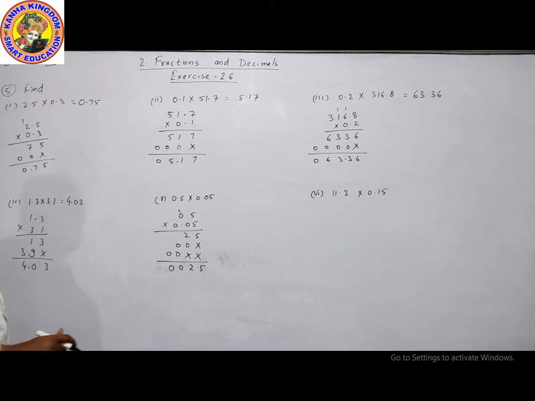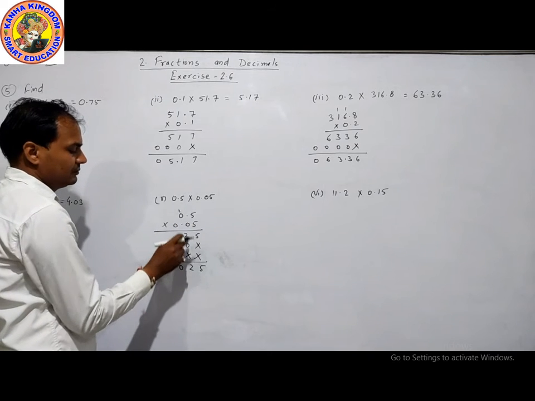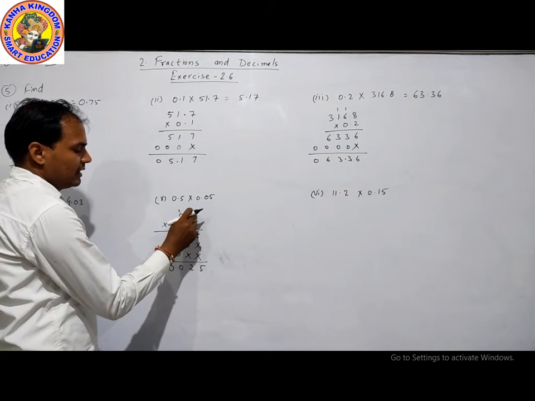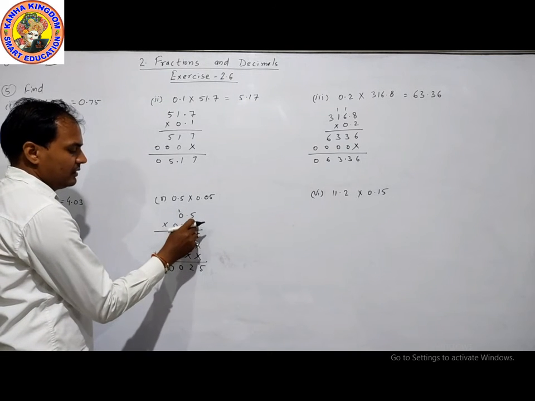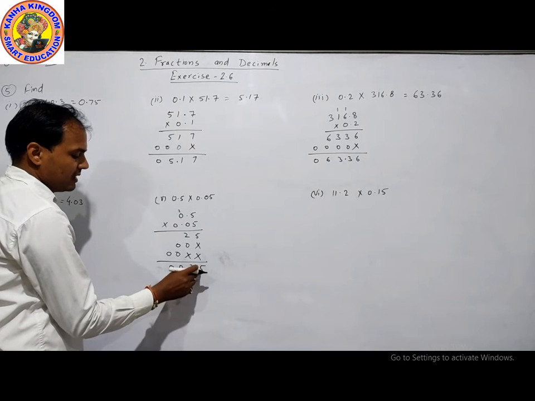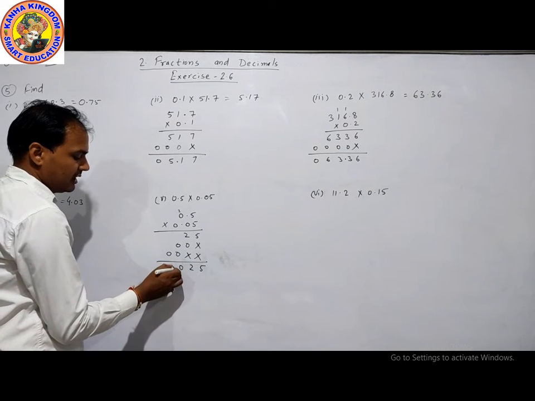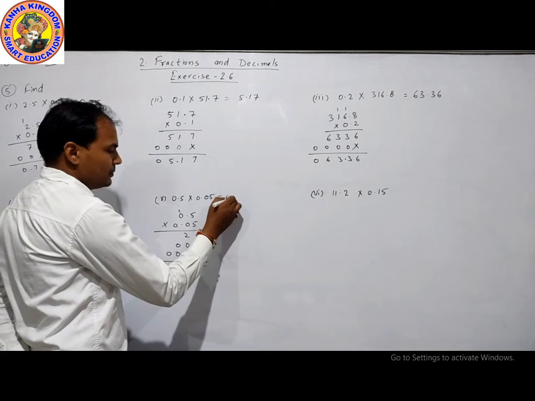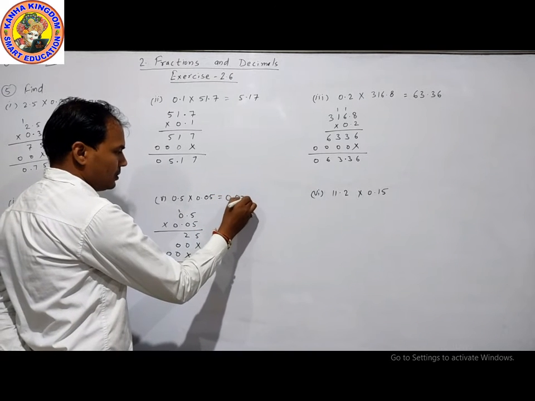Now counting of decimal points: 1, 2, 3, after 3 digits. The decimal point will come: 0.025.